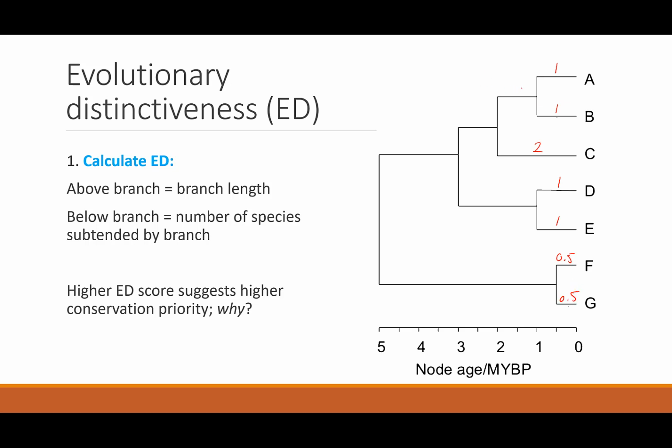Now let's go further back. What is the branch length here that subtends A and B? It happens to be a 1. What about the branch length here that subtends A, B, and C? That happens to be a 1. And how about this branch that subtends A, B, C, D, and E? This happens to be a 2.